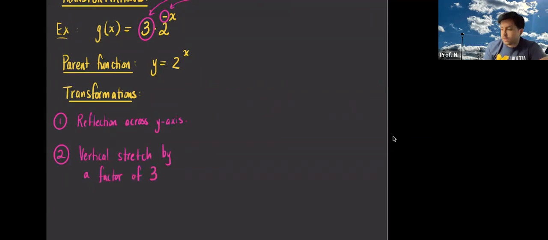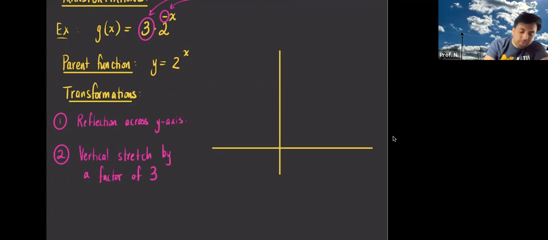So that's what it is. Now, if I want to give a little sketch, what I'm first going to draw is the parent function. I'm going to draw it with a dotted line here. So my parent function is 2 to the x, so I know it looks something like this, right?